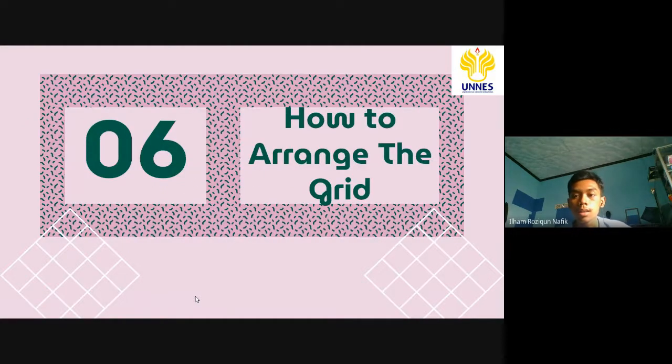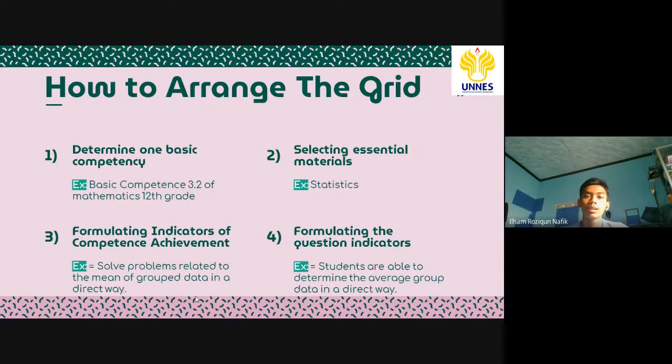And next is how to arrange the grid. To arrange the grid for the assessment is similar for all of assessment. The first is to determine one basic competencies. For example, the basic competencies 3.2 of mathematics 12th grade or other. And the second, selecting essential materials.